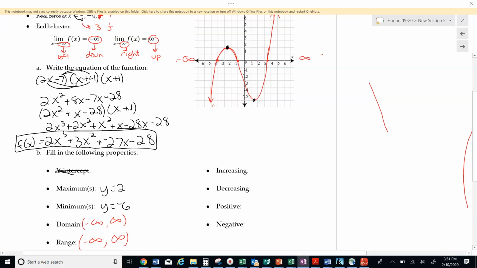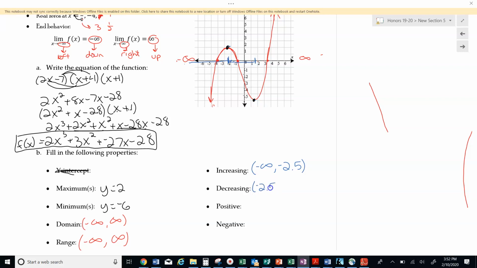Increasing and decreasing. I'm going to stop at my max and my min. So I'm going to start at negative infinity and go to my first max or min here. So from here, it looks like negative 2.5, I'm increasing. Then going to my next max or min, which is here, right about 1.5.